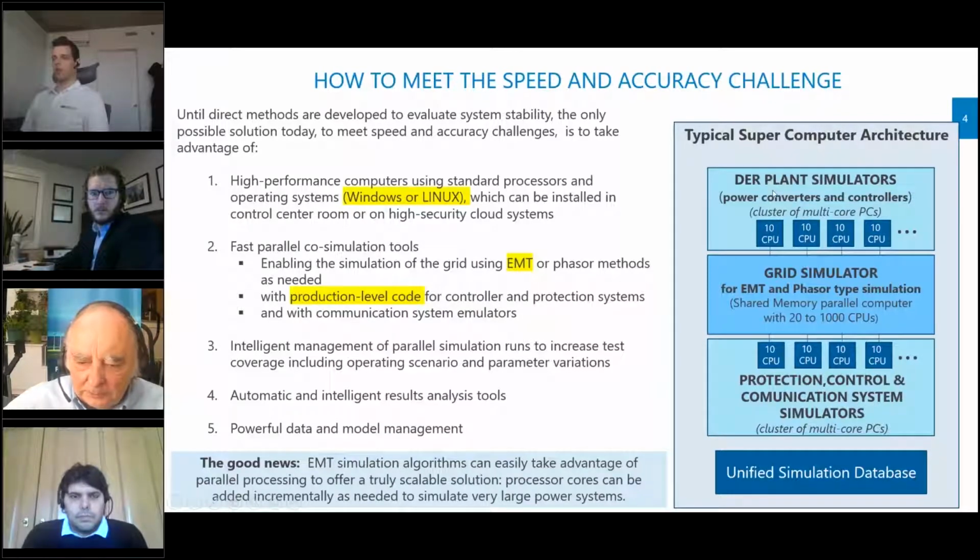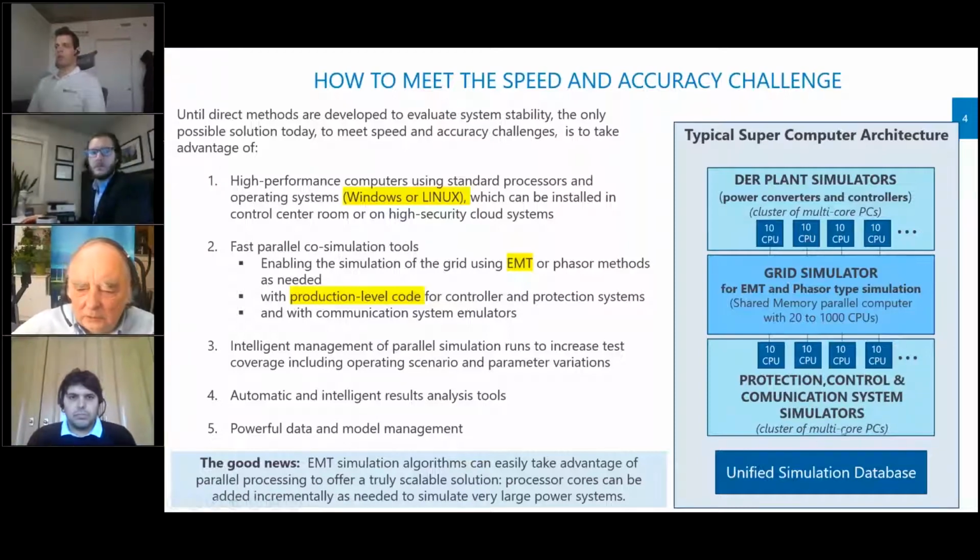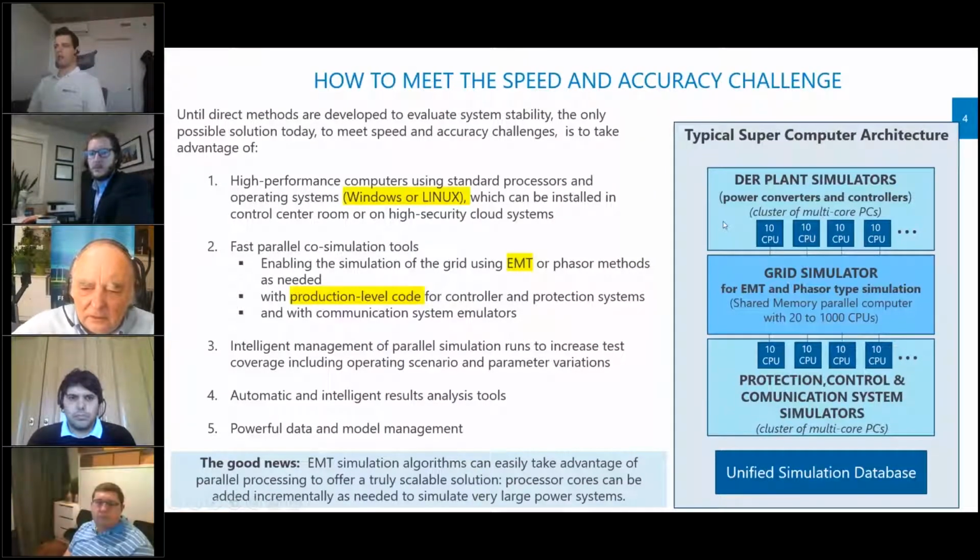The DER plant models can be simulated on individual PCs or processors, and they are all connected to the grid. We do the same thing with protection, control, and also the communication system, because communication will play a bigger and bigger role. So the idea here is to replicate the structure of a real power system.